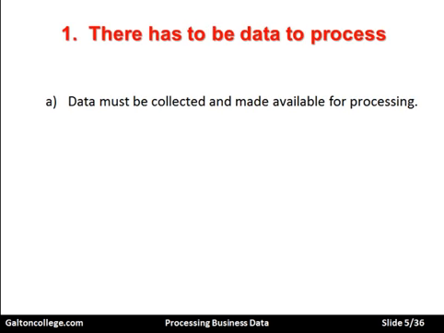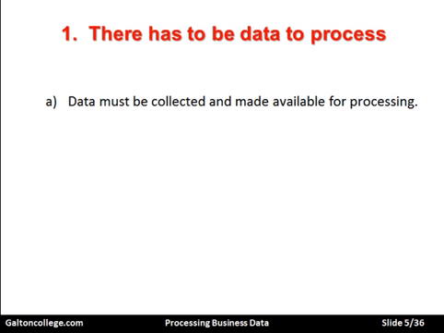The first one is there has to be data to be collected. There has to be data, otherwise the process cannot exist. So the company must collate the data, must collect the data and have it available ready for processing.